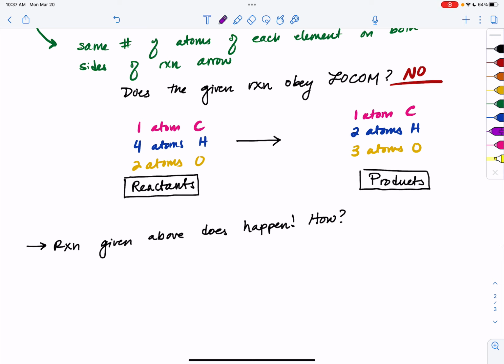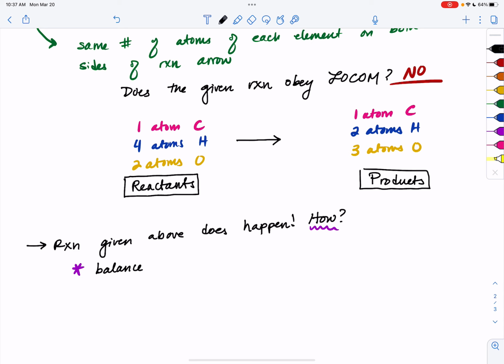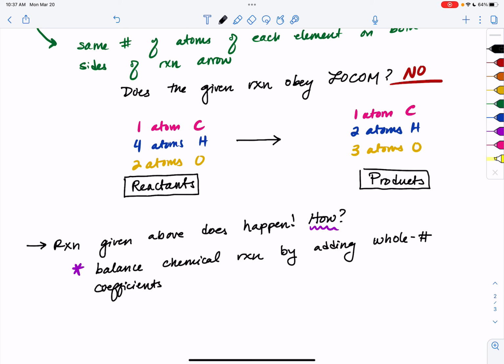And the answer to this question of how is we can balance a chemical reaction by adding whole number coefficients in front of our molecules where needed.